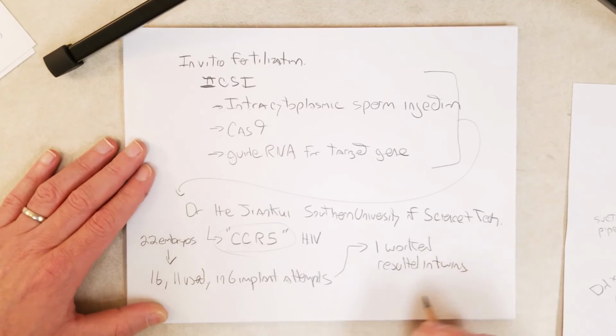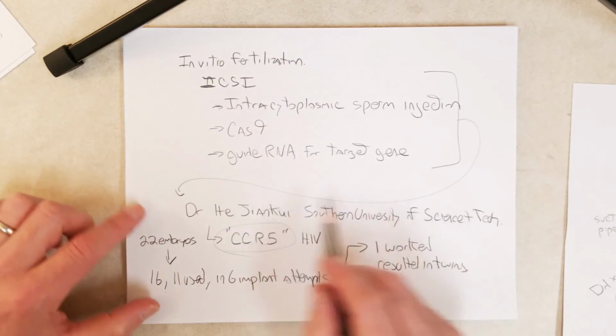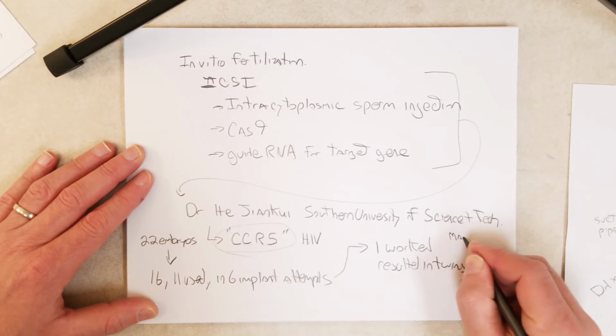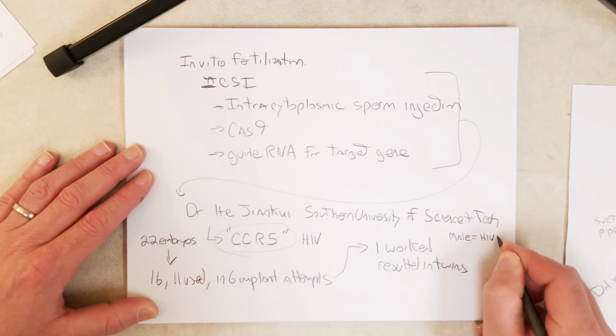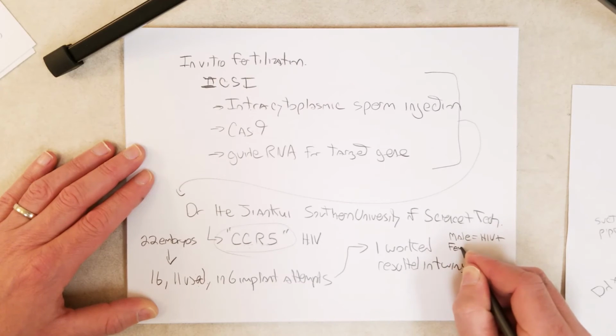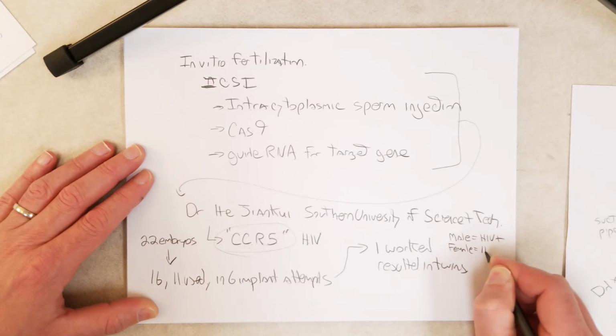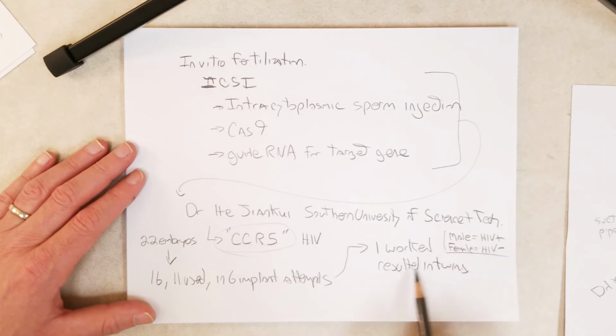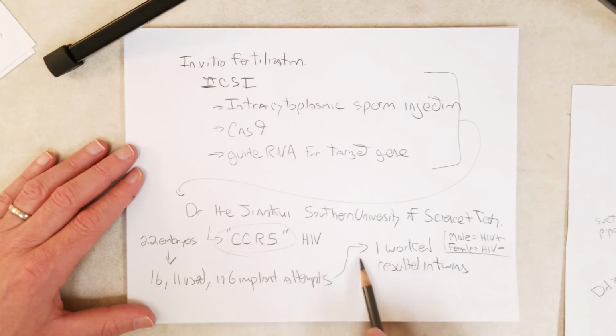Now I should say that he used 2 groups of parents, and this is one group of parents we're talking about where the father, or the male, was HIV plus, and the mom, the female, was HIV minus. So in some ways he can ensure that the infants produced with this technology, if it works, will be resistant to the HIV virus.